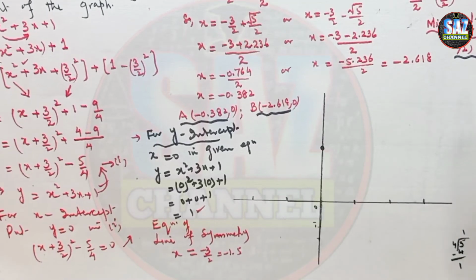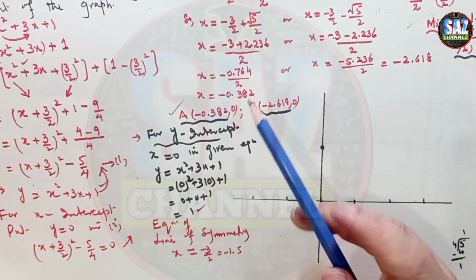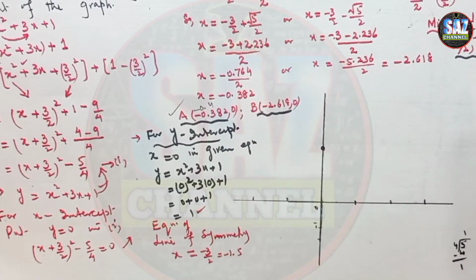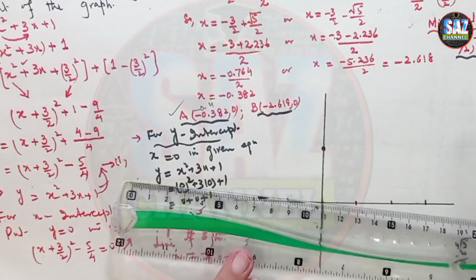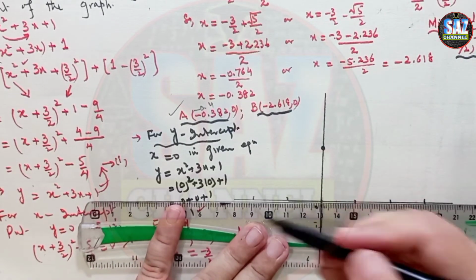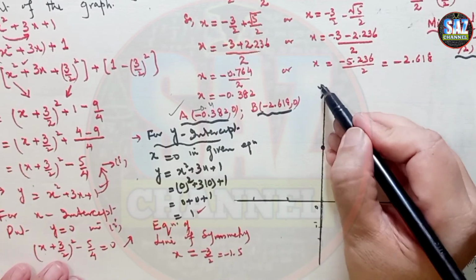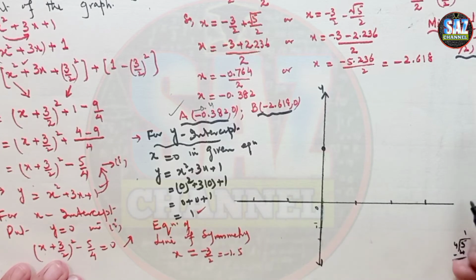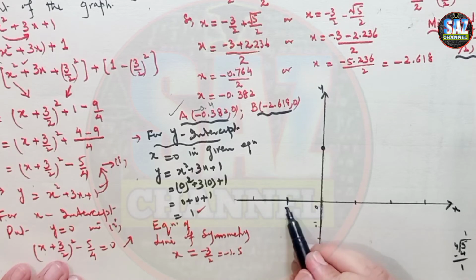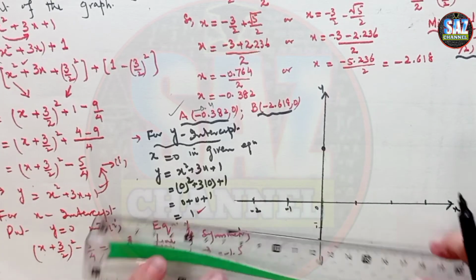We can see the x-intercepts are minus 0.38, which for approximation purposes can be taken as 0.4. So let me extend the line towards this side, and this will take the form. Okay, this is my y-axis, this is the x-axis, and this is minus 1, this is minus 2, and I need to go a little further.